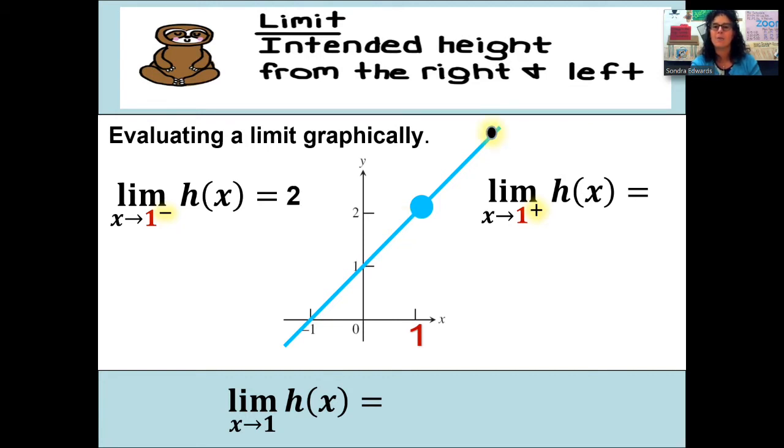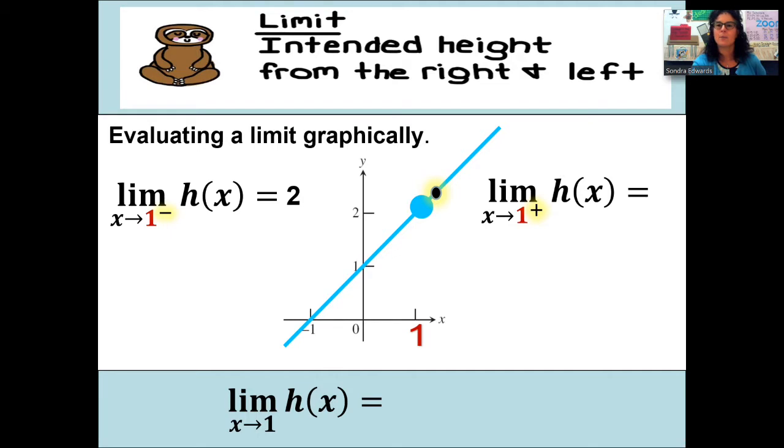Similarly, finding the limit as x approaches 1 from the right, I substitute in a number close to 1 on the right, say maybe 2, and I get out about 3. If I substitute in, say, maybe 1.5, maybe I get a height of 2.5. Keep going, I get even closer. I substitute in maybe 1.2, and I get out 2.2 as the height.